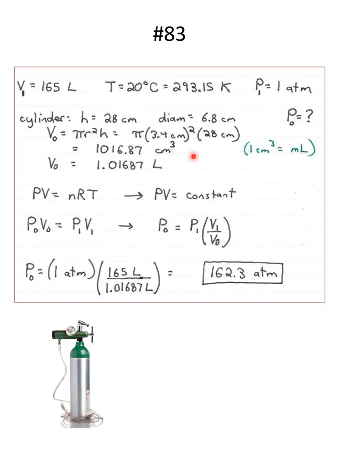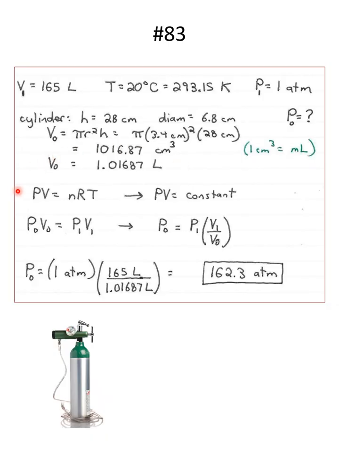Now, cubic centimeters are the same thing as milliliters. And so we can turn that into 1.01687 liters. And I turn that into liters as opposed to cubic meters because the information given for volume V1 is in liters also. So let's get the initial volume in liters as well.